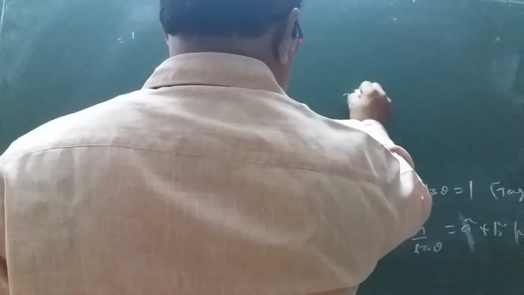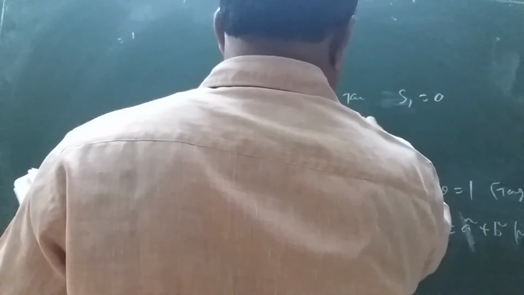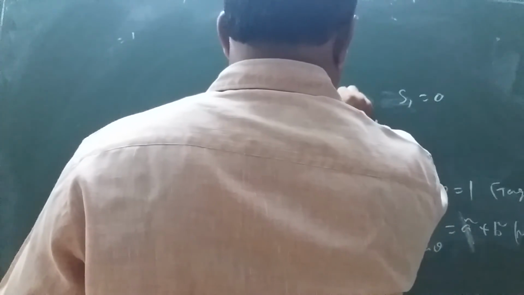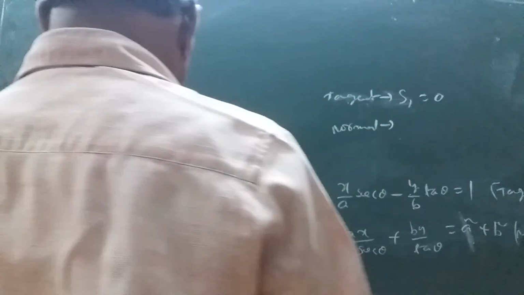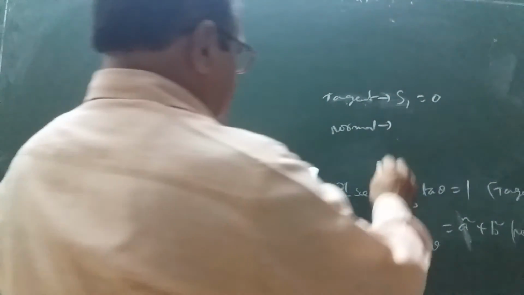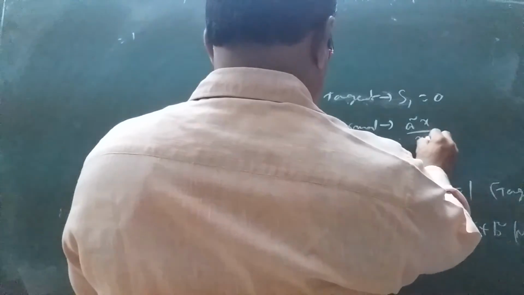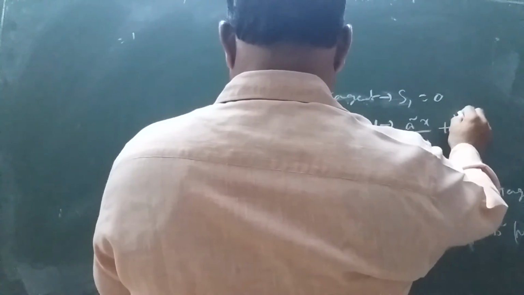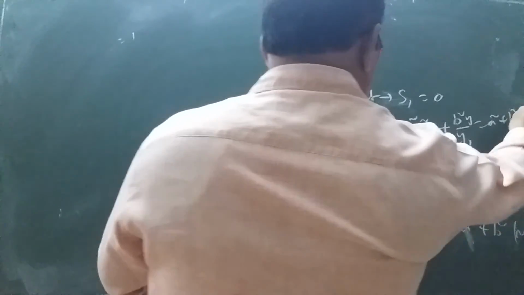Equation of tangent is S1 is equal to 0. Normal we can take as a square x by x1 plus b square y by y1 is equal to a square plus b square.